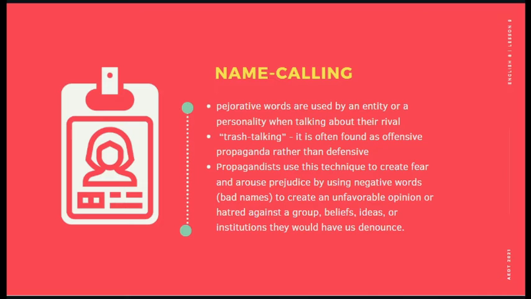Some politicians tend to perform name-calling if they have a tight and bitter rivalry with an opposing party. Propagandists use this technique to create fear and arouse prejudice by using negative words or bad names to create an unfavorable opinion or hatred against a group, beliefs, ideas, or institutions they would have us denounce.